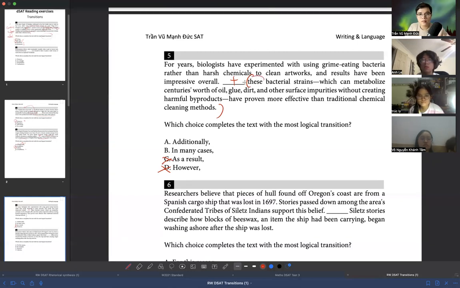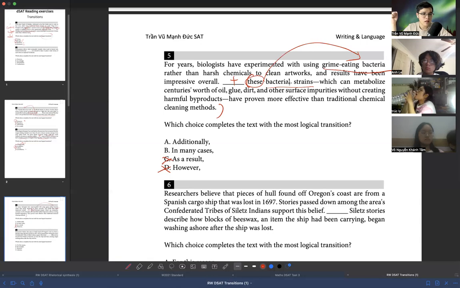These bacterial strains use grime-eating bacteria, right? If I use "additionally," that means I'm going to have to mention some unknown properties. For example, if I say that these bacterial strains are very common, or very cheap to produce, this will be "additionally," because I'm providing unknown information, right?